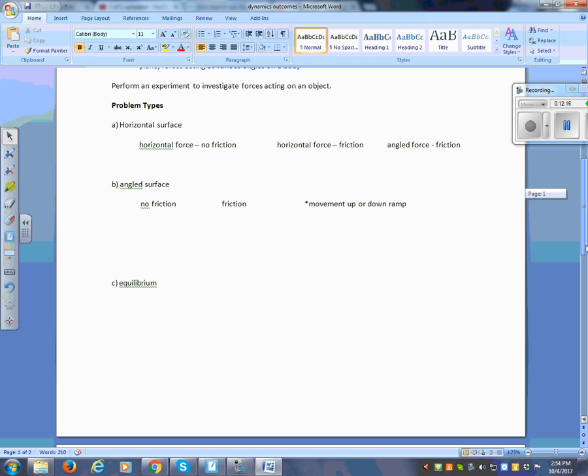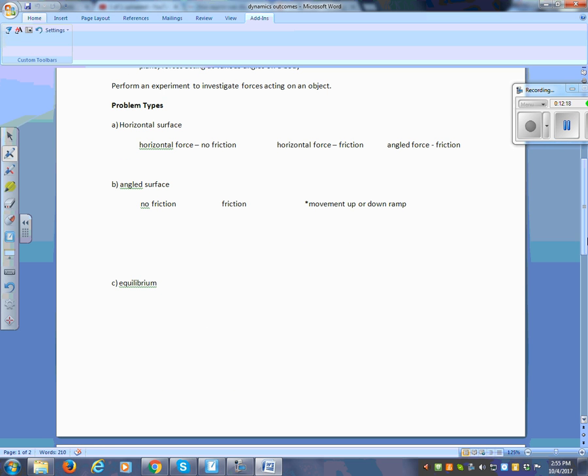Okay, so these are the problem types. You will see horizontal force with no friction, which is basically grade 11. So you got this one, no friction. You're going to have horizontal force with friction. Like that. Angled force with friction. You've done most of them. Angled surface, no friction.